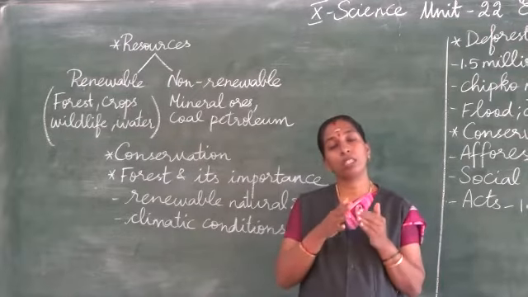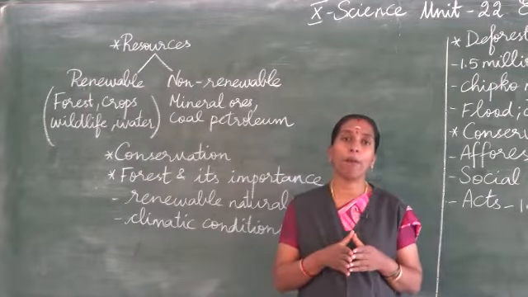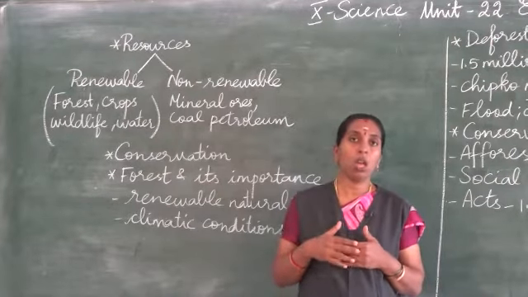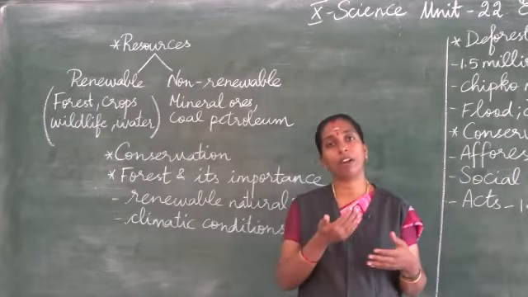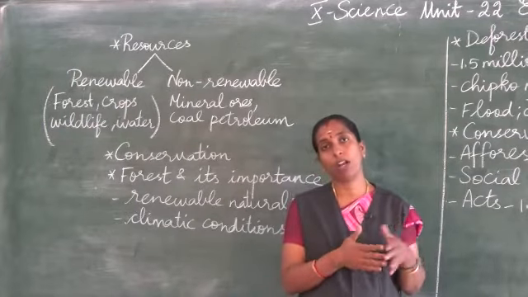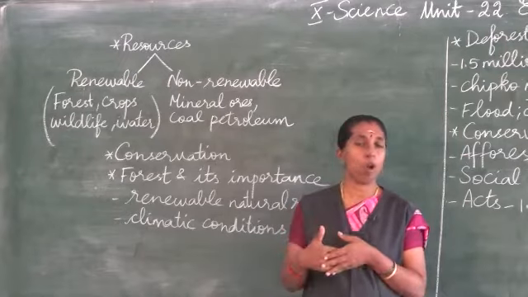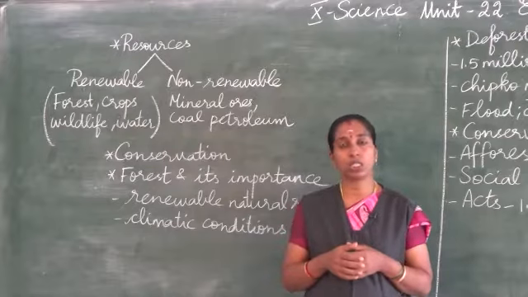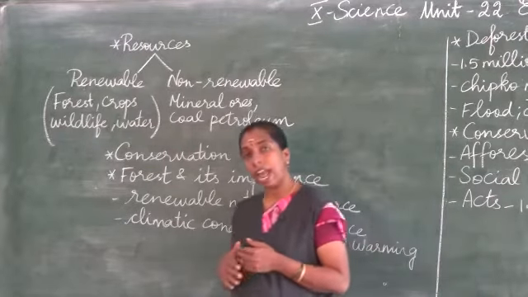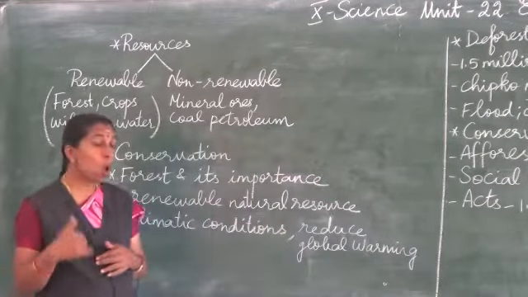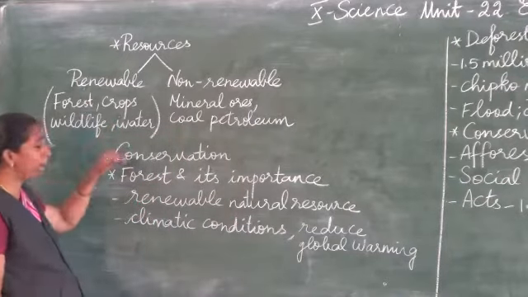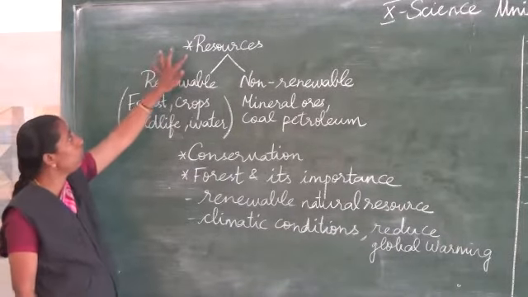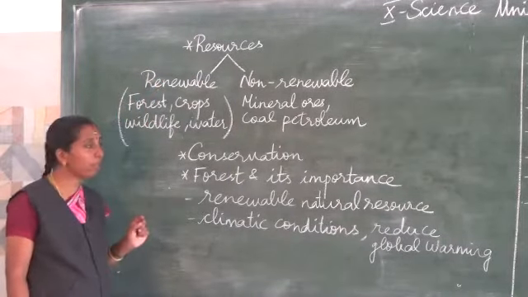This environment is completely made up of renewable and non-renewable resources. Already you have learned in social science, and from primary, what renewable resources and non-renewable resources are. Renewable resources are those which can be naturally produced and can replenish on their own, repeatedly.